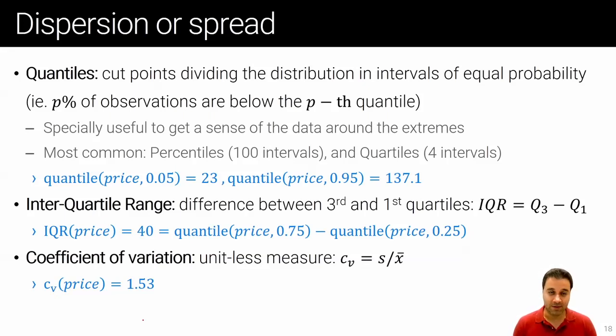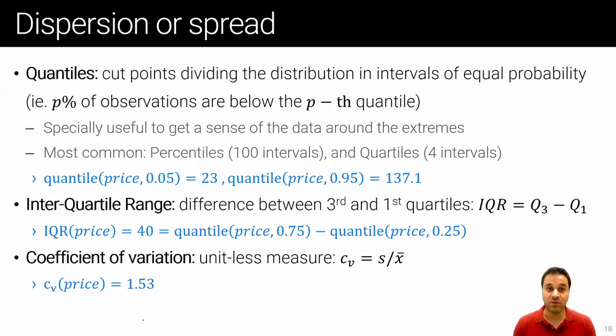We talk about quantiles, which are essentially cut points that divide all the observations, the whole distribution, into intervals of equal probability. So for example, we talk about the pth quantile, like the third percentile, the second percentile, the first percentile, etc. And that's telling us what is the point that divides the data set into the lowest 1% or 2%, 3%, and the rest.